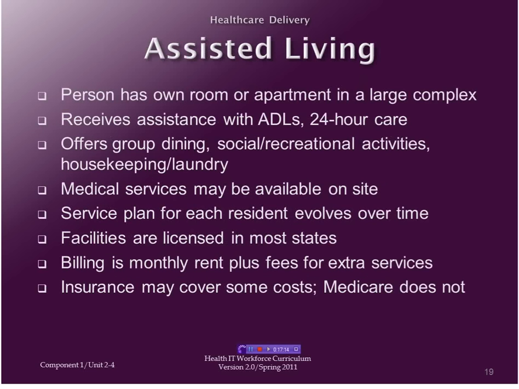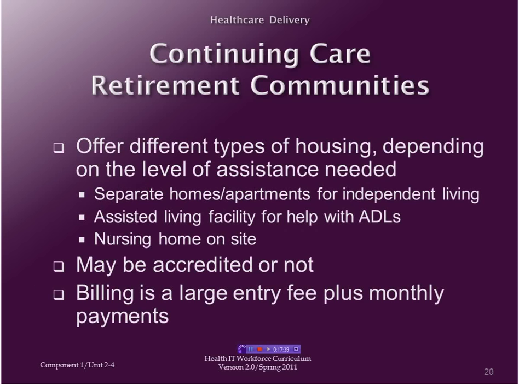Assisted living generally needs more help, and there's more group and social activities that are planned for these people. Generally, there's more medical services that are available. They do need to be licensed, but again, the person usually has their own room with the staff that's in there.